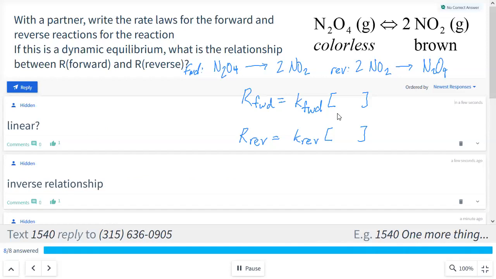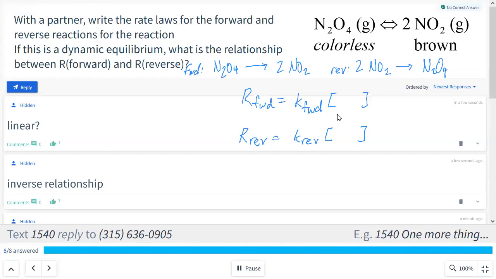Okay, since this is a dynamic equilibrium, the rates have to be equal to each other. The reason is that if they're not equal and opposite, we would notice a change in the system as we observed it.